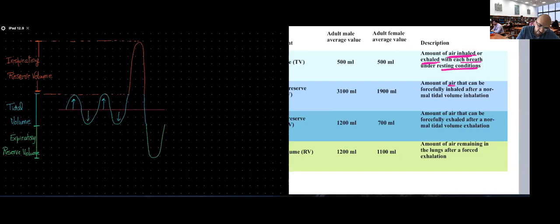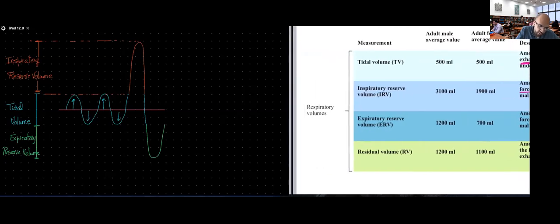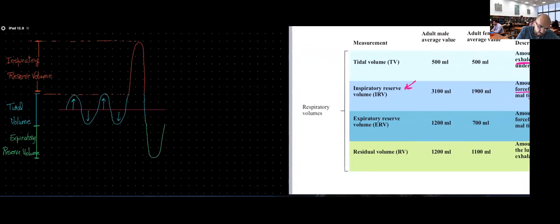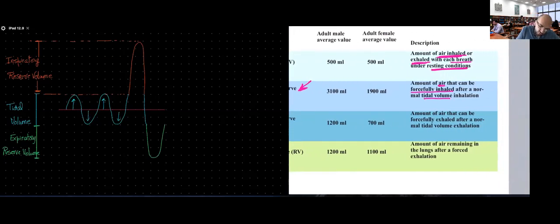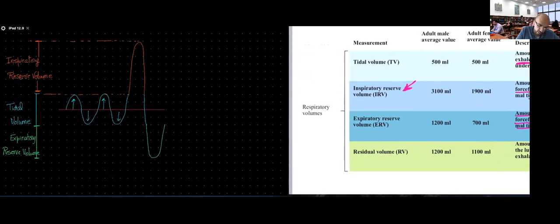The extra air that you can forcibly inhale beyond the normal tidal volume is the inspiratory reserve volume. Can you get extra air out of your lungs? The amount of air that is forcefully exhaled beyond the normal tidal volume is the expiratory reserve volume.